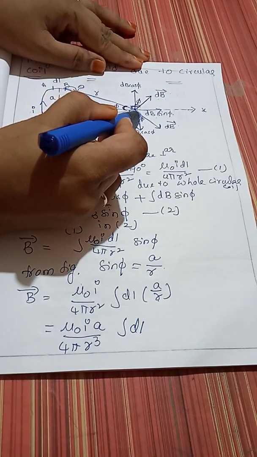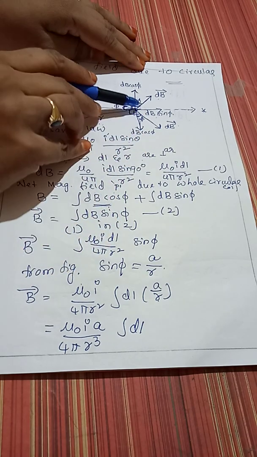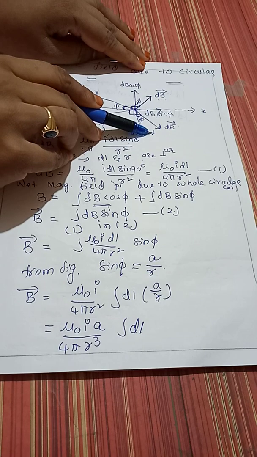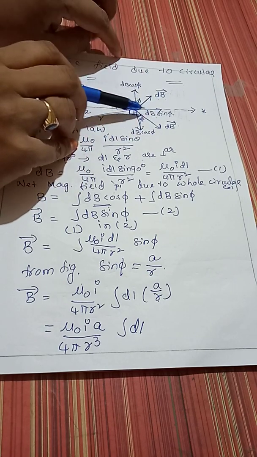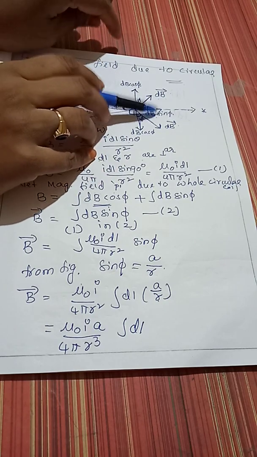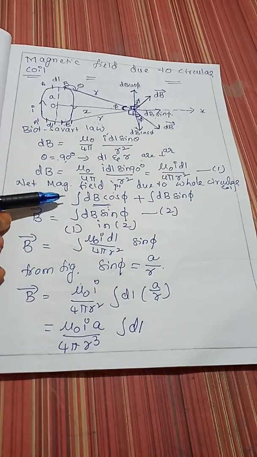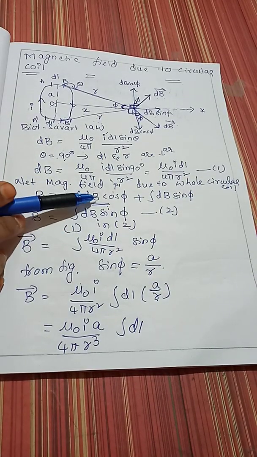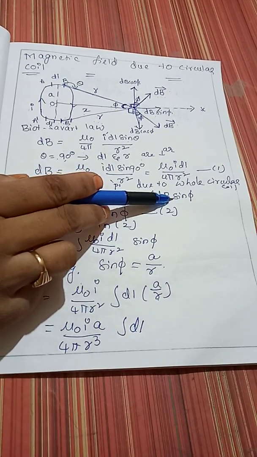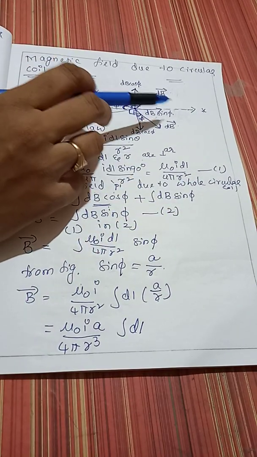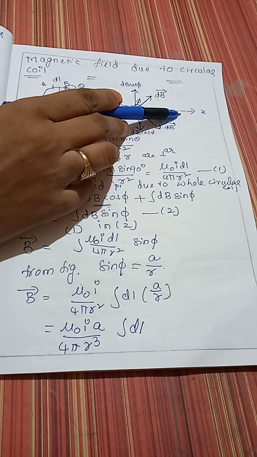When this angle is 90 minus phi, this angle becomes phi, so we write dB cos phi perpendicular to the axis and along the x axis dB sin phi. Now the net magnetic field will be due to the perpendicular components and the parallel components along the axis. As parallel components are along the axis, they add up with each other.